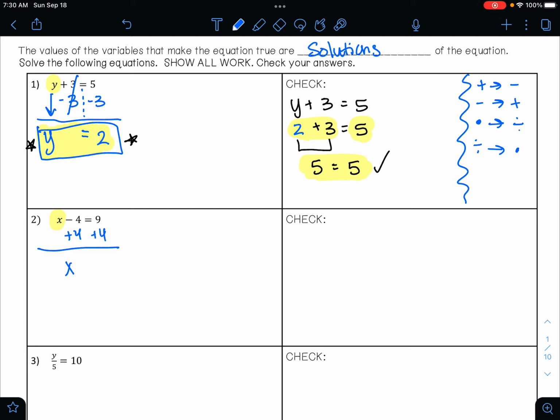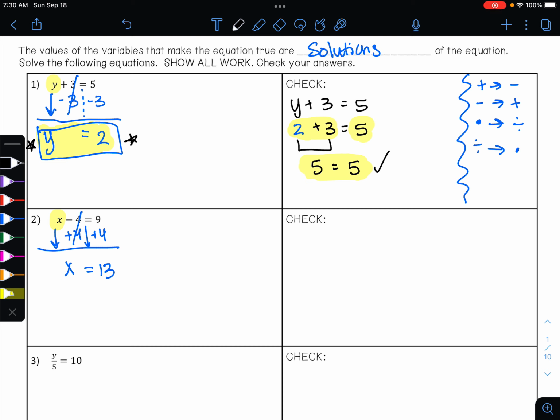I'm going to bring down my x. Negative 4 plus 4 is 0. I'm going to bring down my equal sign. 9 plus 4 is 13. My original equation was x minus 4 equals 9. We found that x was 13.